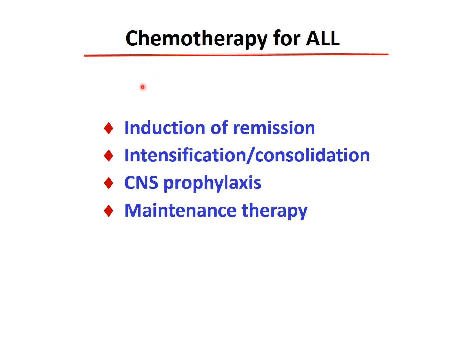Now, the chemotherapy for acute lymphoid leukemia is a little bit different from the myeloid one. At the beginning it is the same. So we do have the induction of remission, where we want to reduce the blast cell count and suppress the growth of the blast cells. And after, they are going to use intensification and consolidation therapy.